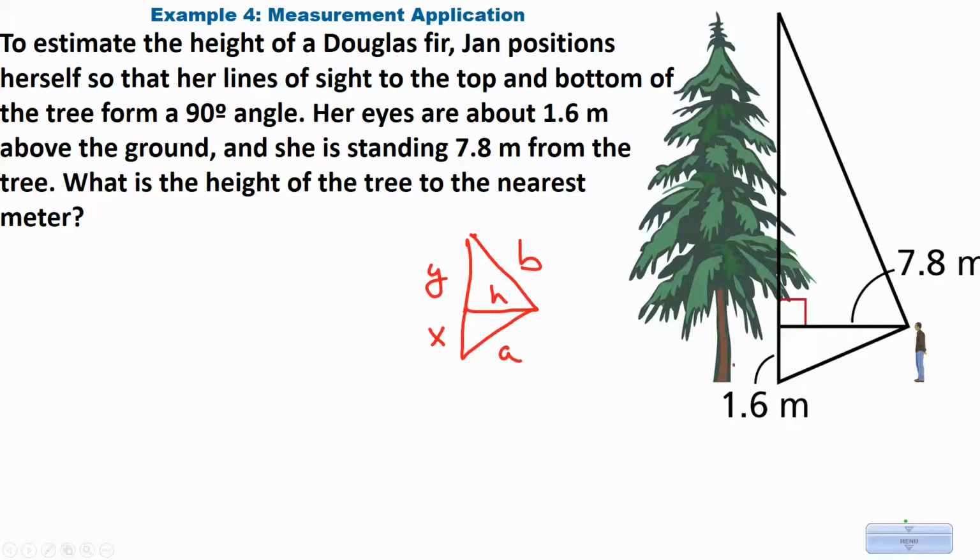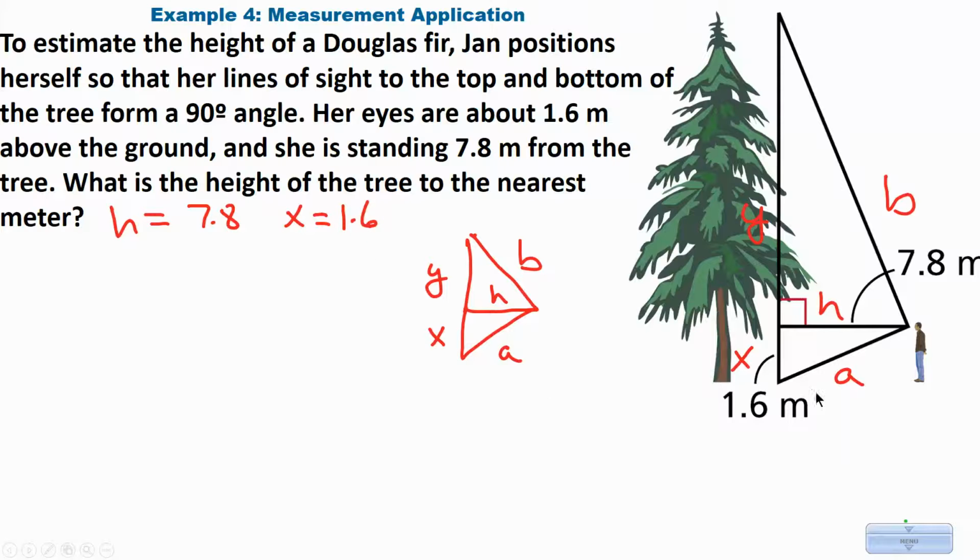So we label this A, or not A, excuse me. This is X, Y, A, B, and H. So we know H helps to label these. H is equal to 7.8. X is equal to 1.6.